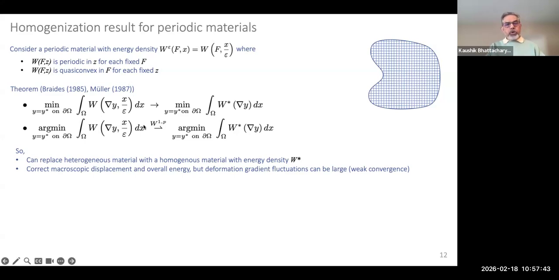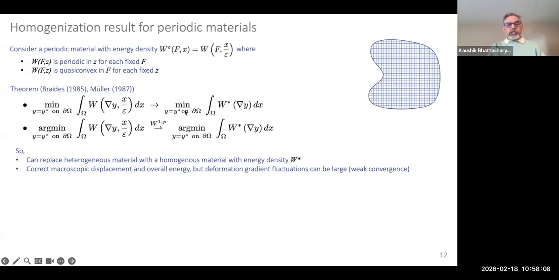So to characterize the effective property, we do it in this way. I want to replace this W, which is oscillating on a scale epsilon, with some effective W star, which is smooth and in fact does not depend on X because I have only a periodic material, right?